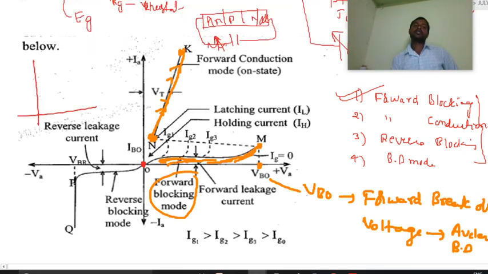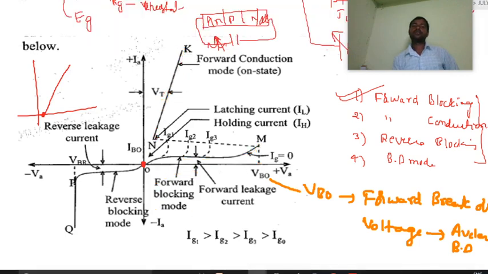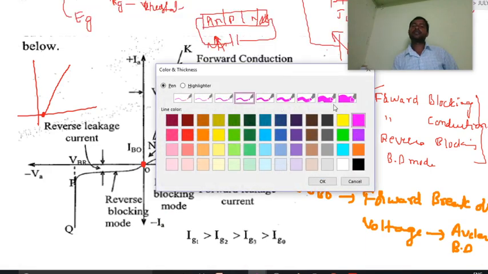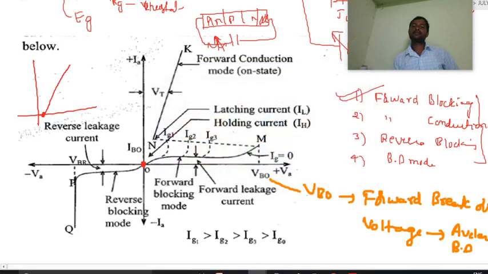Look at this one, the VI characteristic, with the forward breakover voltage. SCR characteristics are also similar to that. Let me erase this and draw the diode characteristics here. This is the VI characteristic of a diode: in forward bias, this is the cut-in voltage, and after the cut-in voltage the VI characteristic is approximately linear.